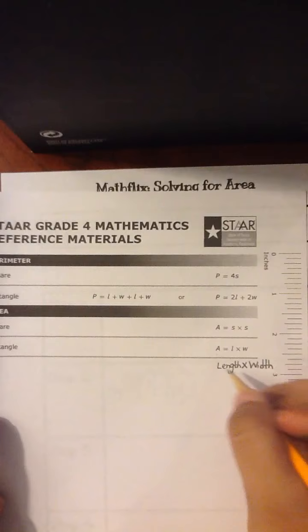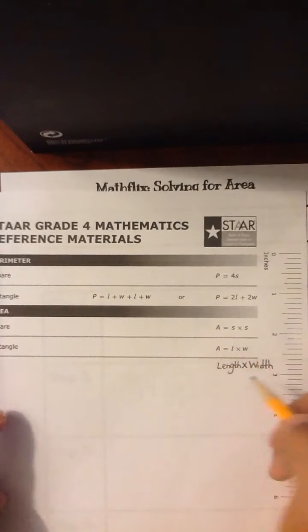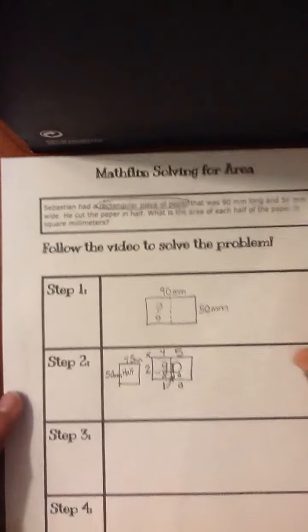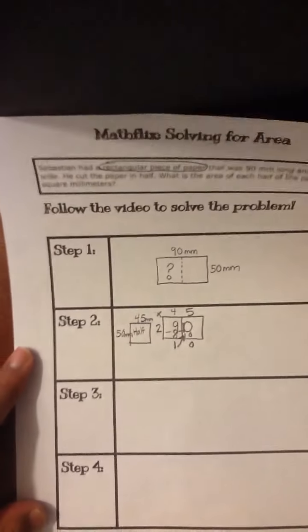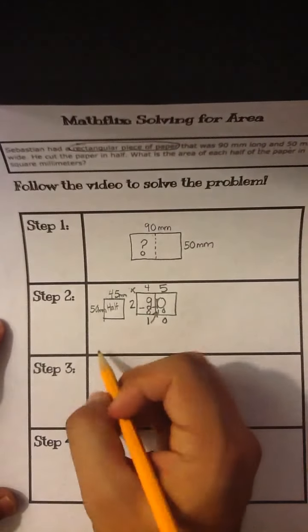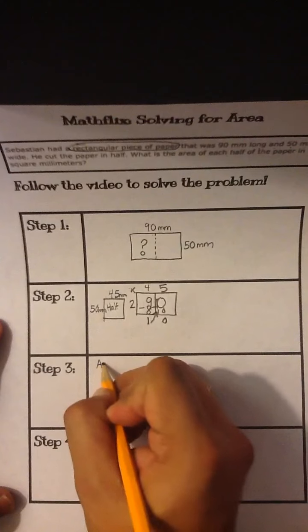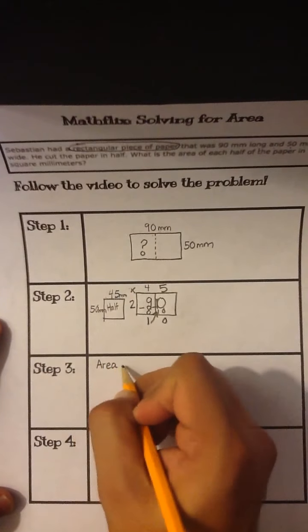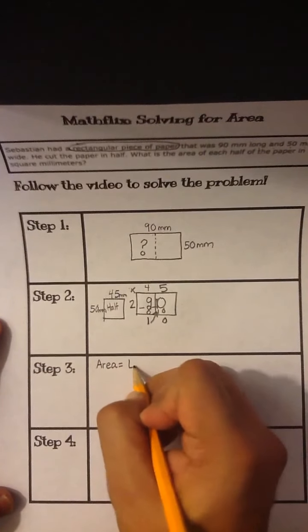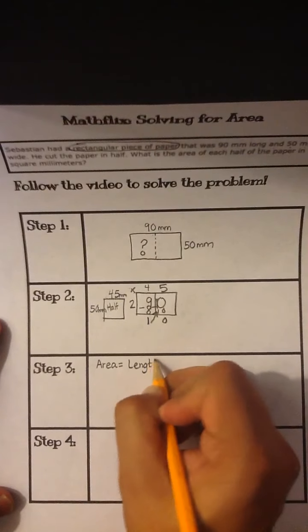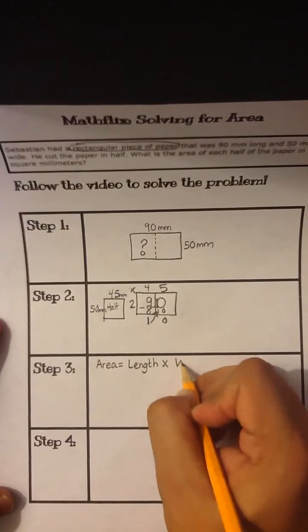So now that we have the formula, area equals length times width, let's apply it in step 3. I'm going to put my formula that I found on my reference chart, or my math chart, or my best friend. Area equals length times width.